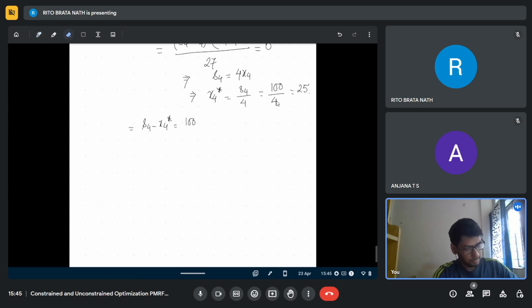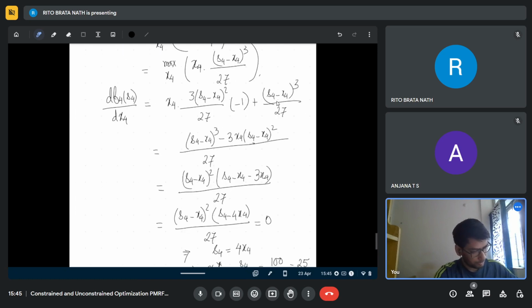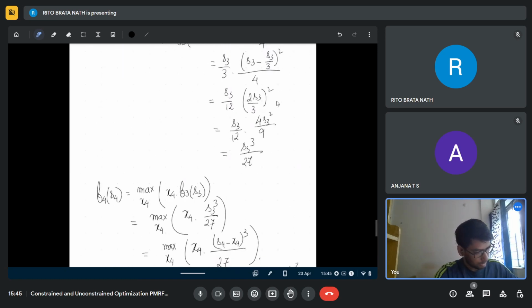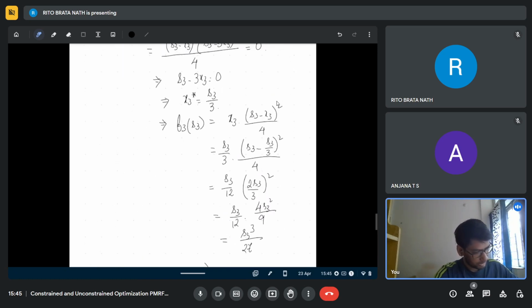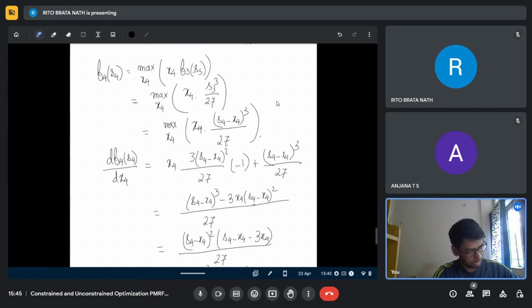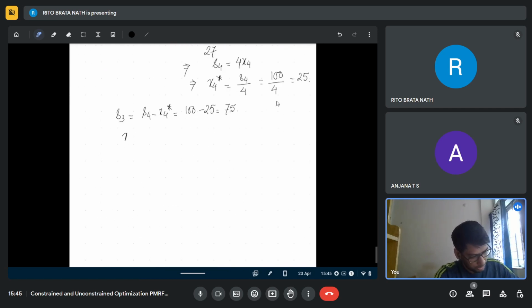This should be s3. Okay, so this is 75. So this is your s3. And x3 star is s3 by 3, which is 75 by 3, which is 25.